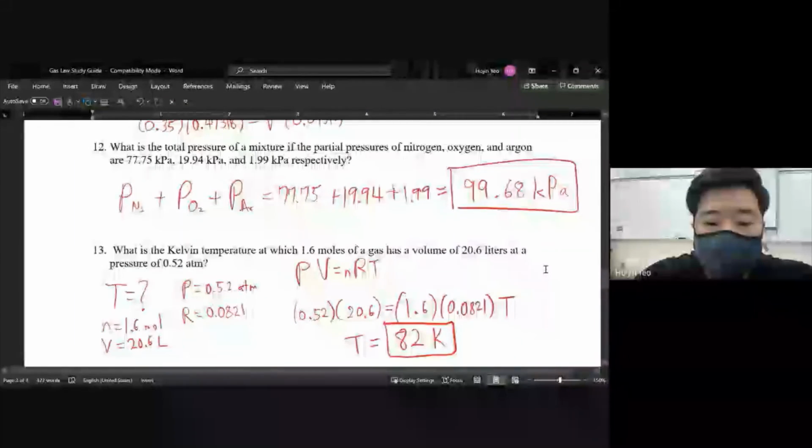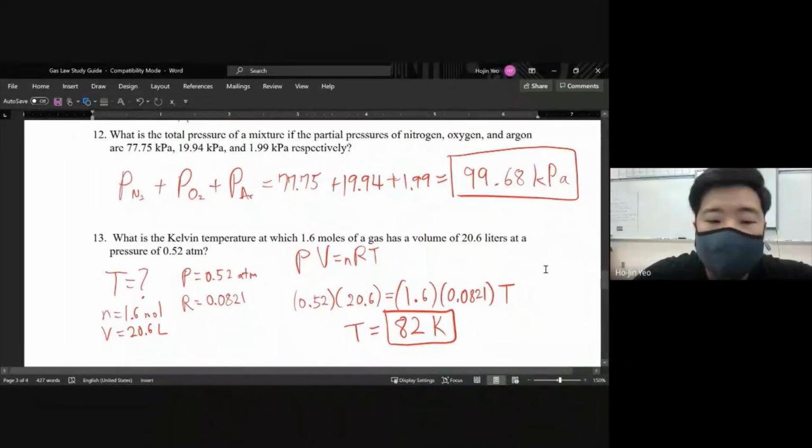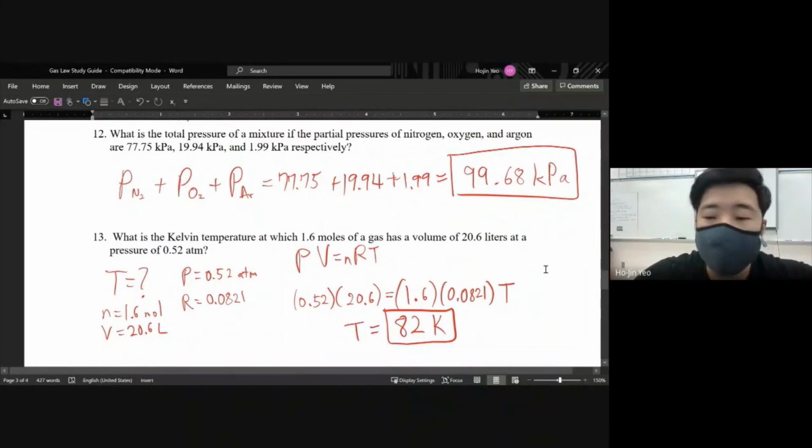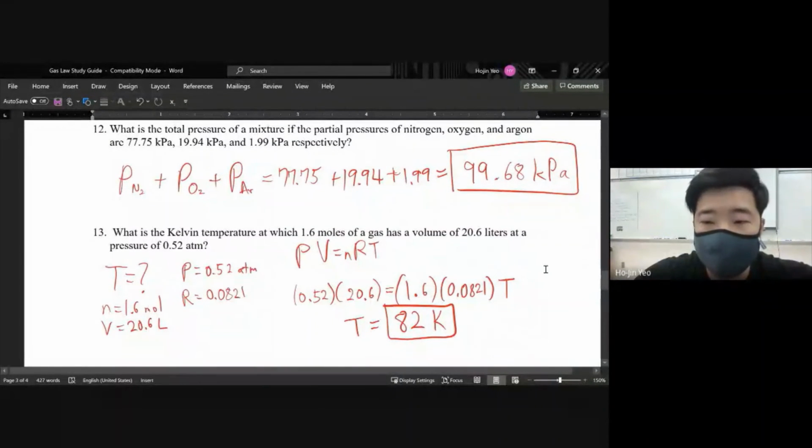So make sure to look at your constant number and make sure to look at the pressure's unit to determine the constant number.